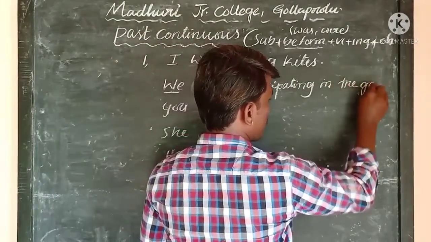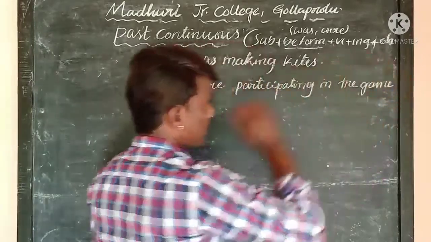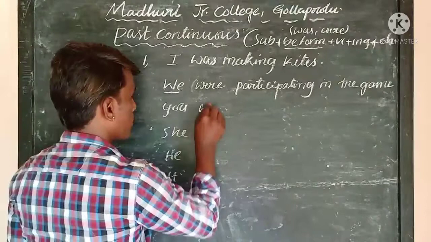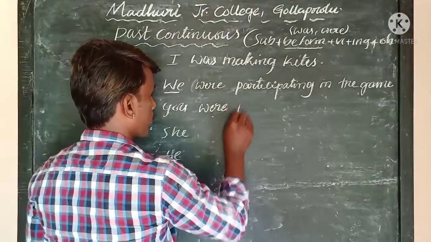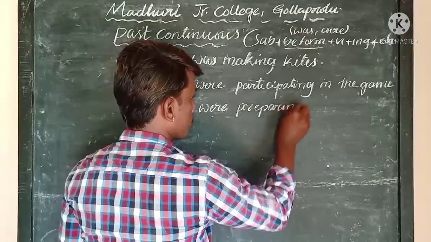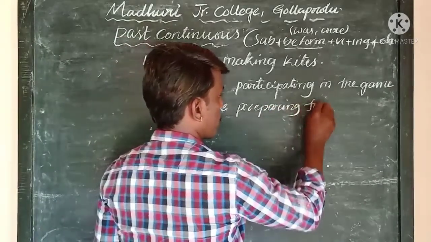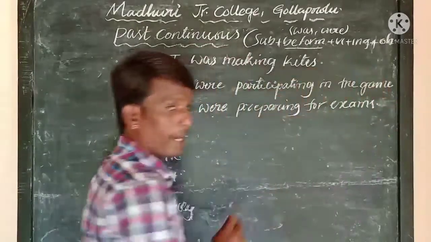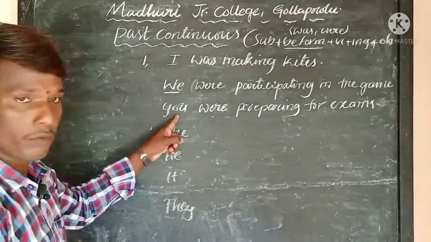You can write it as we were participating in the game. So this is the past continuous tense. And now see, you were preparing for exams. So this is also a past continuous tense using the pronoun you.